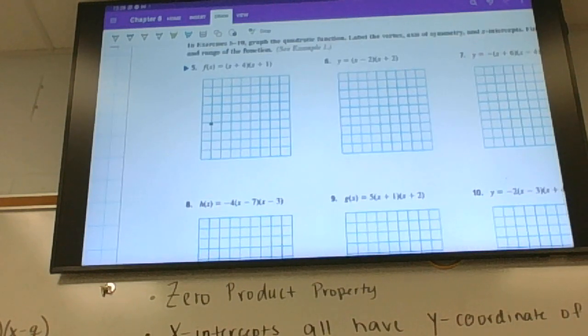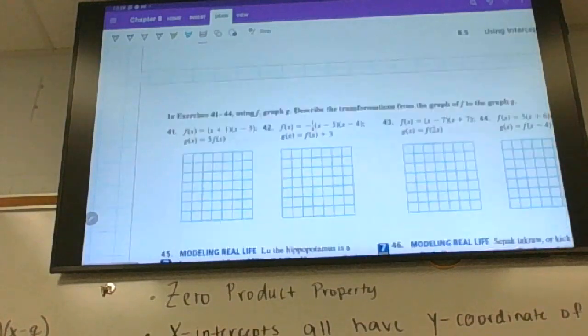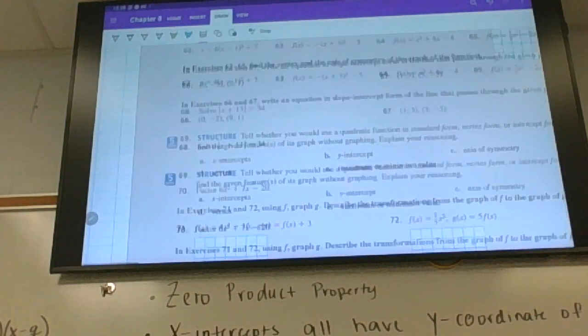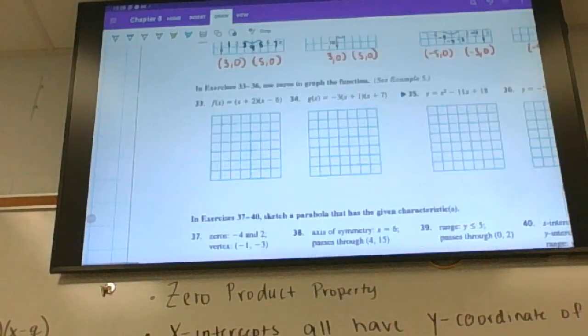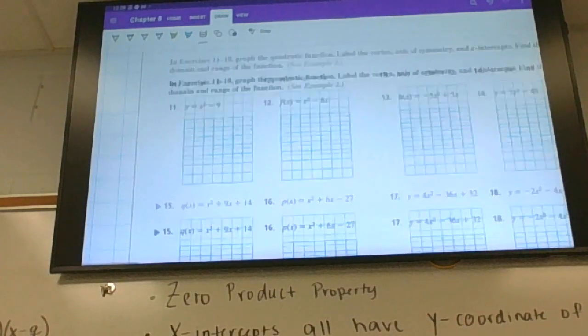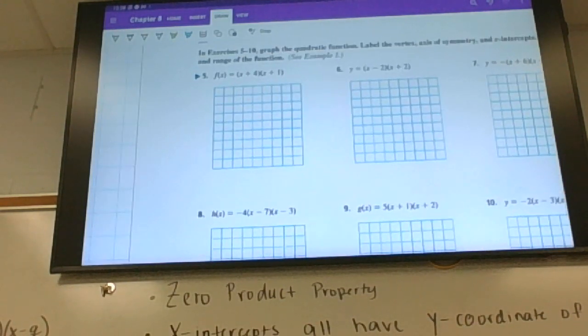Okay. So I had you guys write down some steps here. Alright, so step 1 is to solve: when we do x plus 4 equals 0, x plus 1 equals 0.